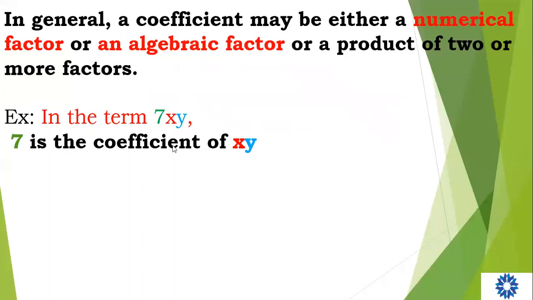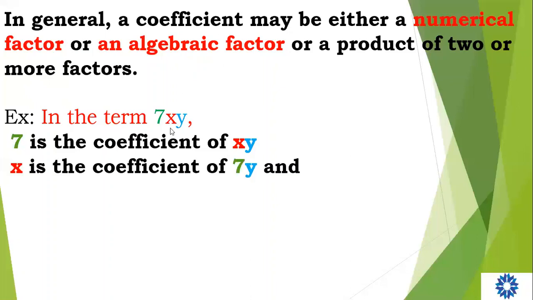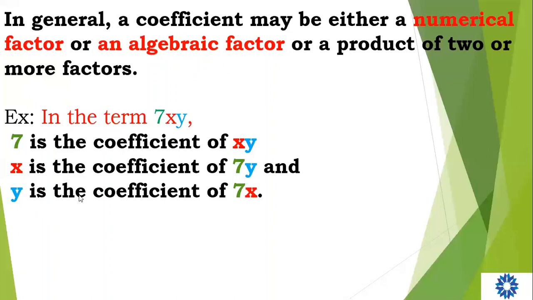If you observe, 7 is the coefficient of the remaining whole term, xy. If you take x, x is the coefficient of 7y. So if you take x as a coefficient, the remaining part is 7 and y. Now tell me, y is the coefficient of 7x.